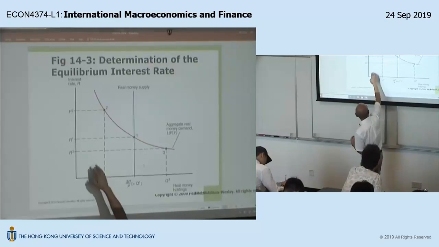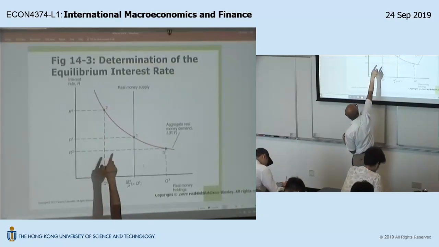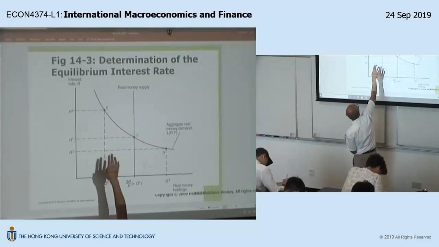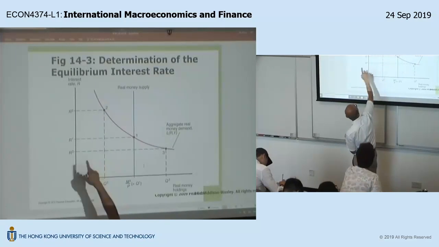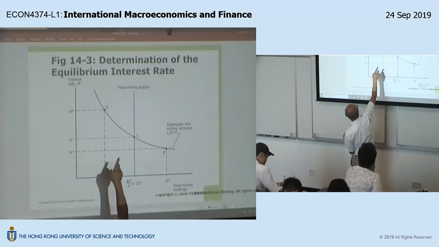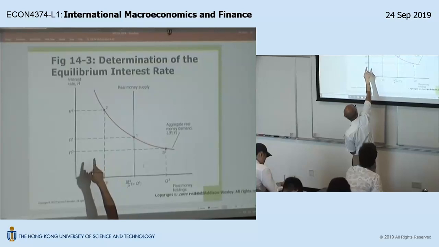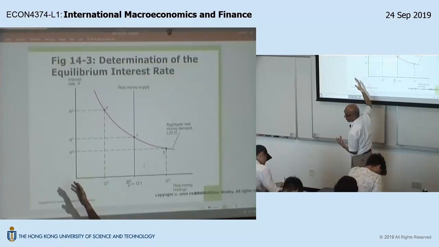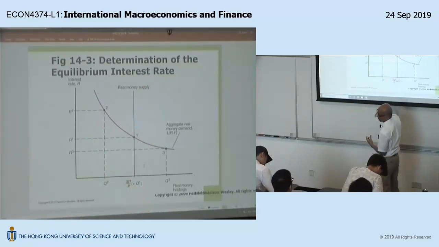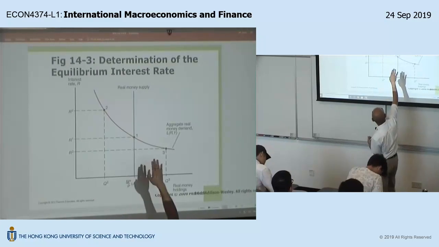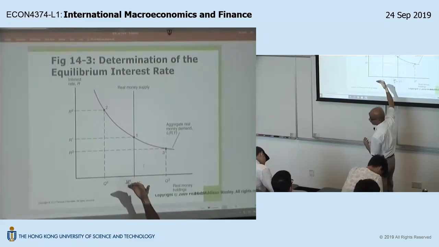Here, R2, for example, is not an equilibrium interest rate in the money market because the interest rate is too high. There is excess supply of money, which means that there is excess demand for bonds.